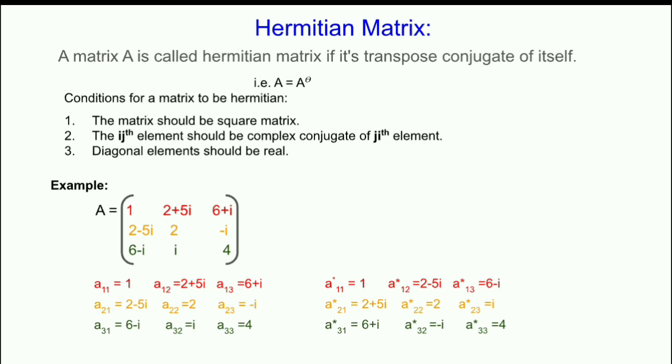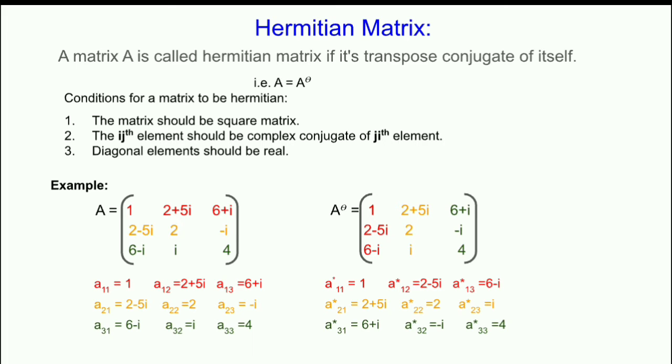By putting each row of the conjugate as a column, we get the transpose conjugate matrix A theta equal to 1, 2 plus 5i, 6 plus i, 2 minus 5i, 2, minus i, 6 minus i, i, and 4.